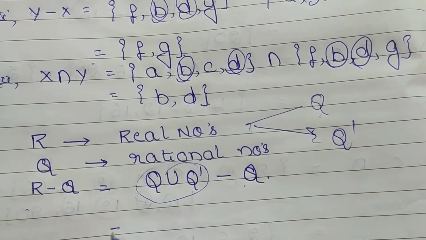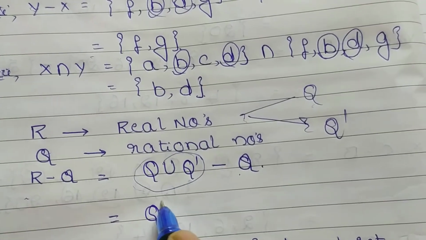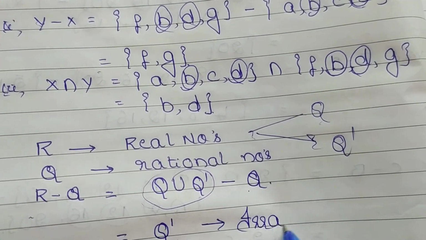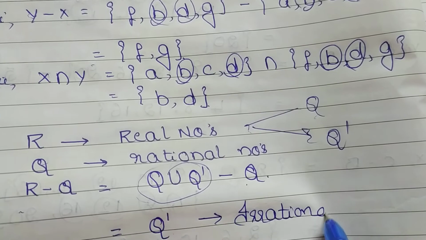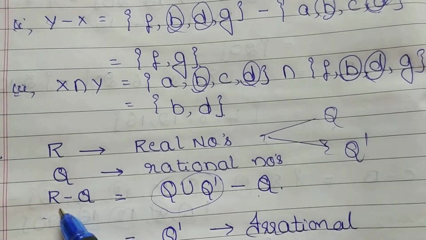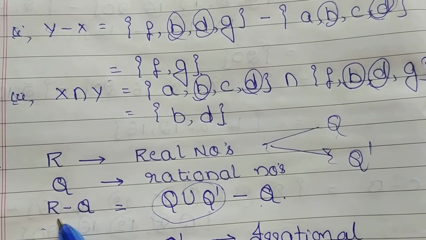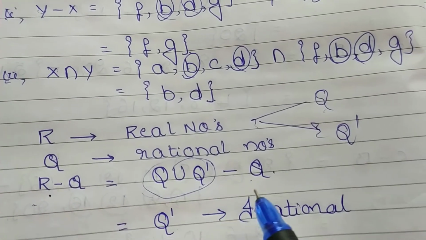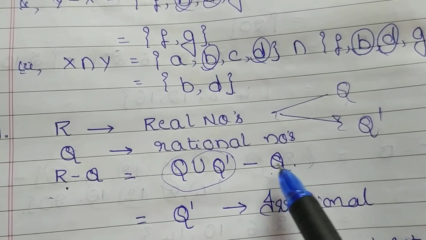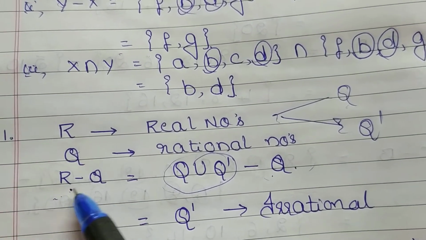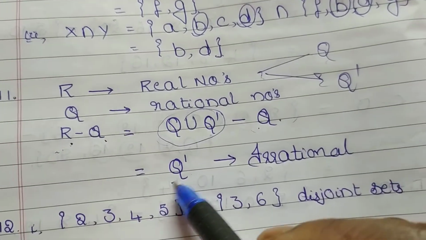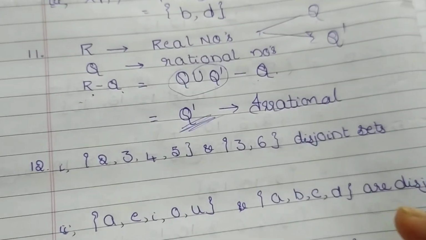So it will obviously be Q dash. That means it gives us the irrational numbers. Irrational numbers are the numbers in the real number set which you will get after finding the difference between the real numbers and the rational numbers. So you will be getting the irrational numbers.